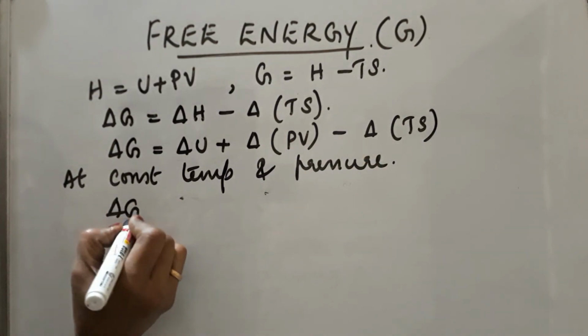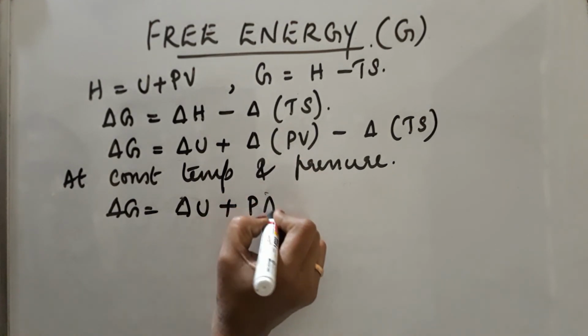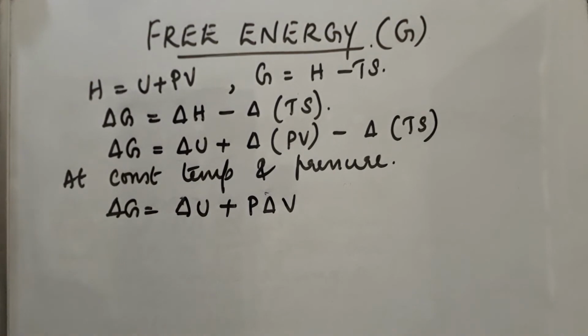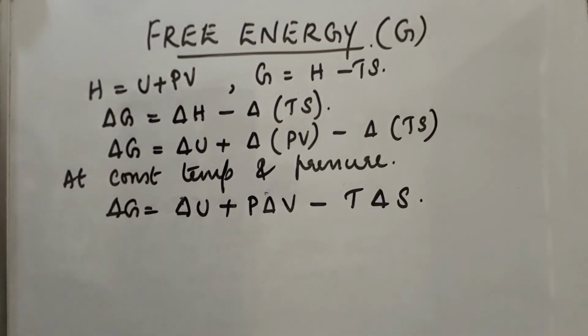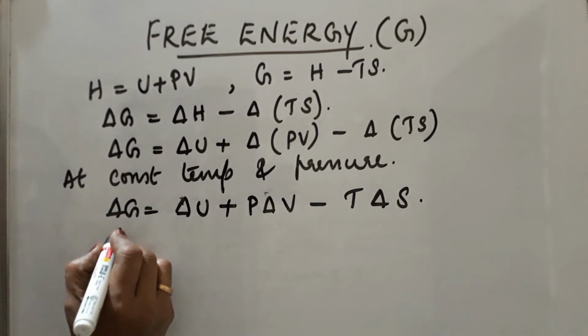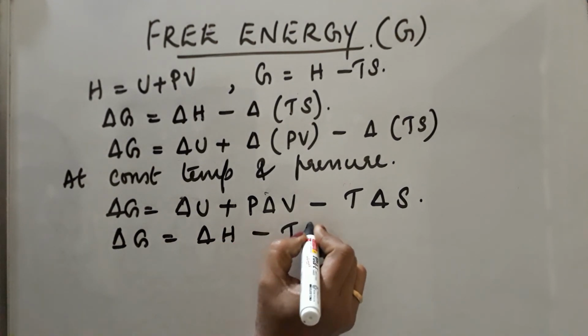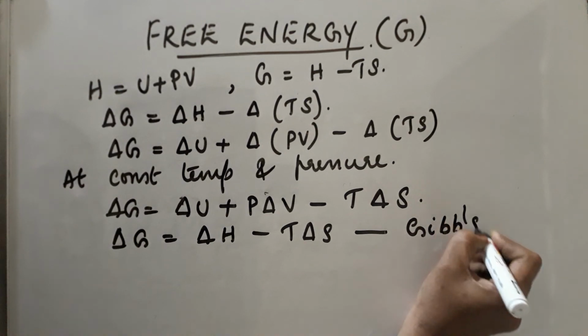So delta G is equal to delta U plus P delta V, because there is no change in P at constant pressure, minus T delta S. There will be no change in temperature because it is at constant temperature. So we can write delta G is equal to delta H minus T delta S. This equation is known as Gibbs Helmholtz equation.